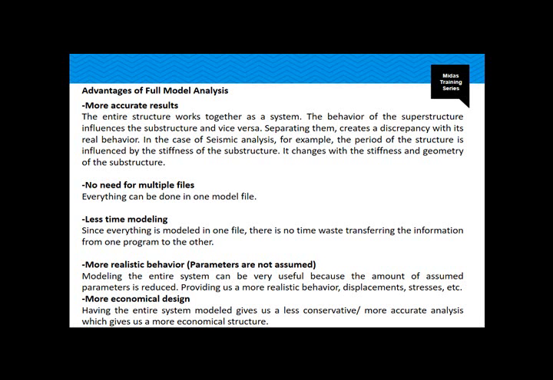If you model the entire structure, as you know, it works together. The entire structure itself works together, which means that the behavior of the superstructure influences the substructure and vice versa. So by separating them, we are not really trying to model the real behavior of the structure.